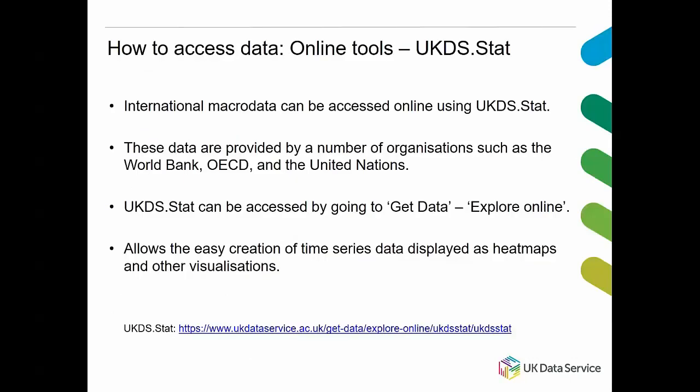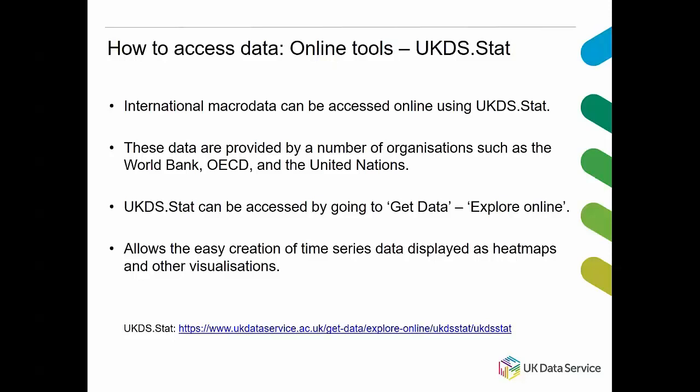Now I will mention briefly another way to access our international macro data, and this is by using another online tool, UKDS Stat. The data you can access by the UKDS Stat software is provided by large organizations such as World Bank, OECD, and United Nations. Similarly to Nesta, you can access UKDS Stat by going to our Get Data Explore online pages.